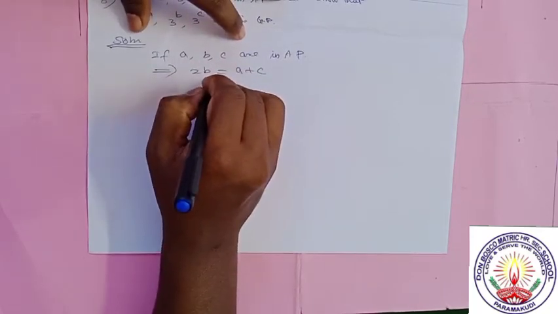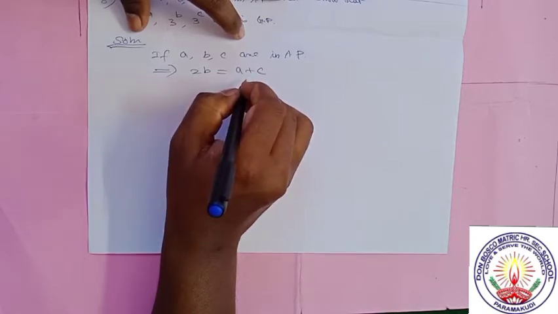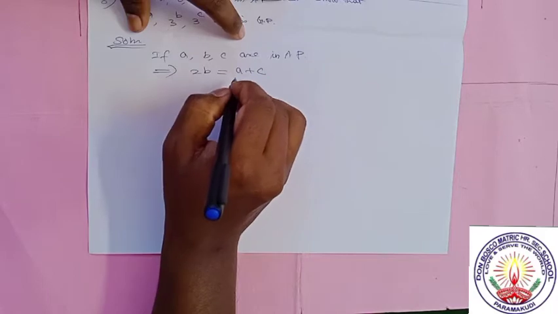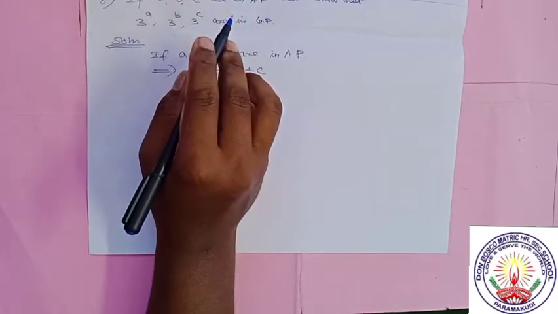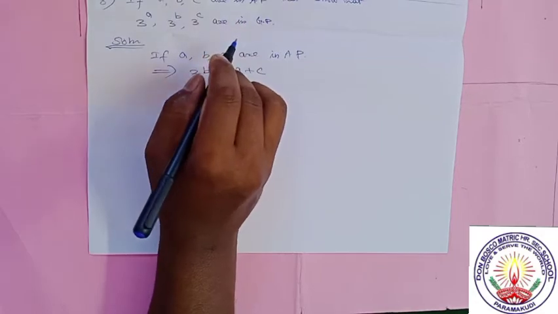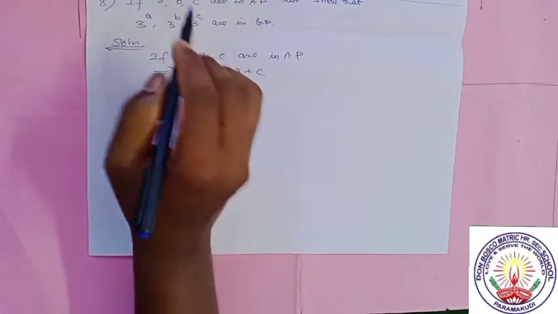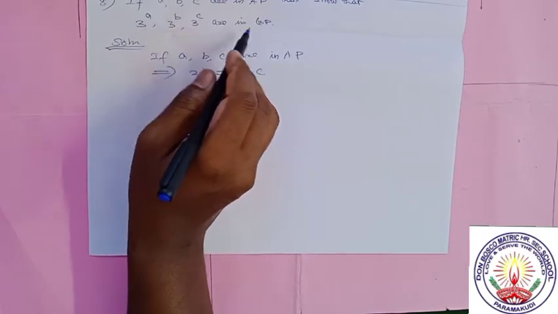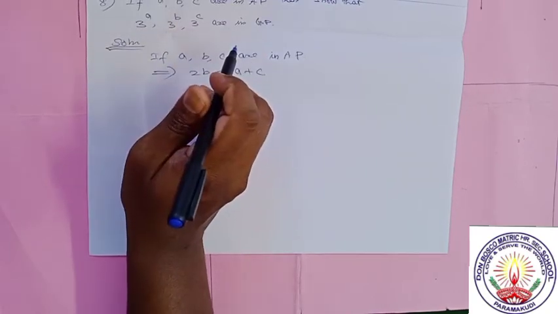If we can use this condition in the question, we can use it. If we don't need it, we have to think of other things. So now what we have to prove? Show that 3 power A, 3 power B, 3 power C are in geometric progression.